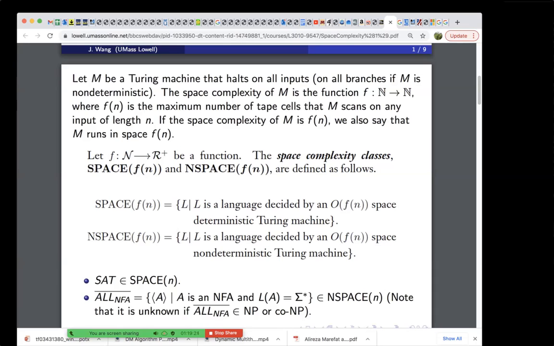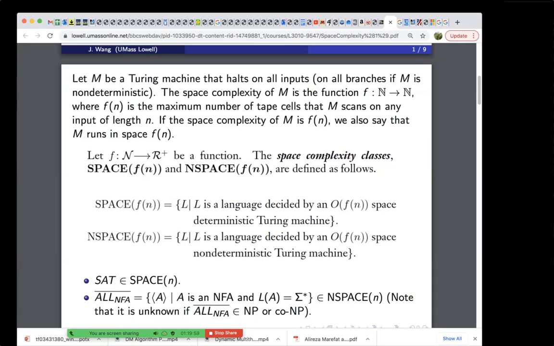If this machine is non-deterministic, it halts on all branches of M. Because it halts, we can measure the space this computation takes. The space complexity of M is the function f, where f of n is the maximum number of tape cells that M scans on any input of length n.